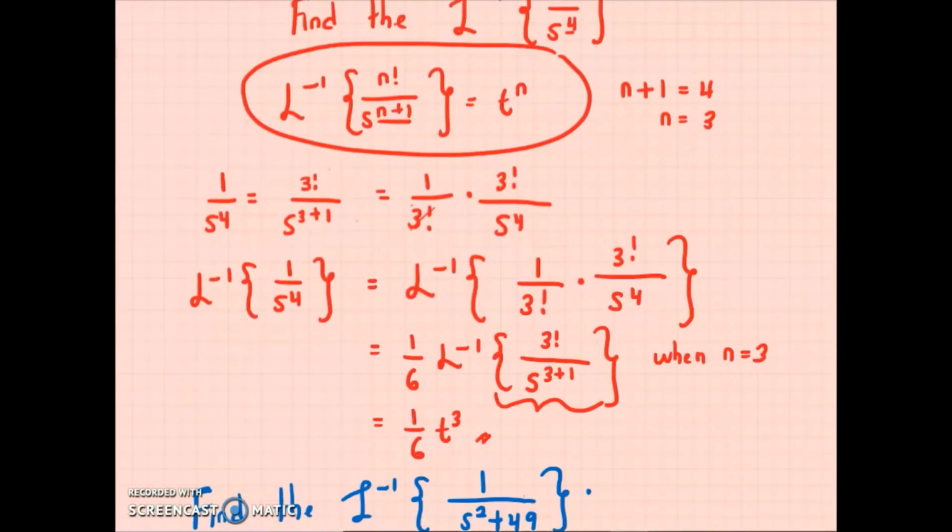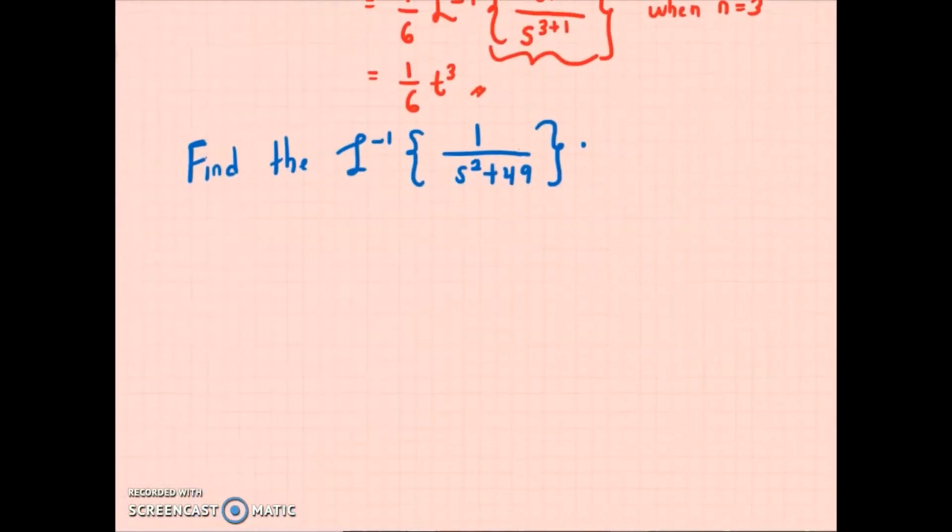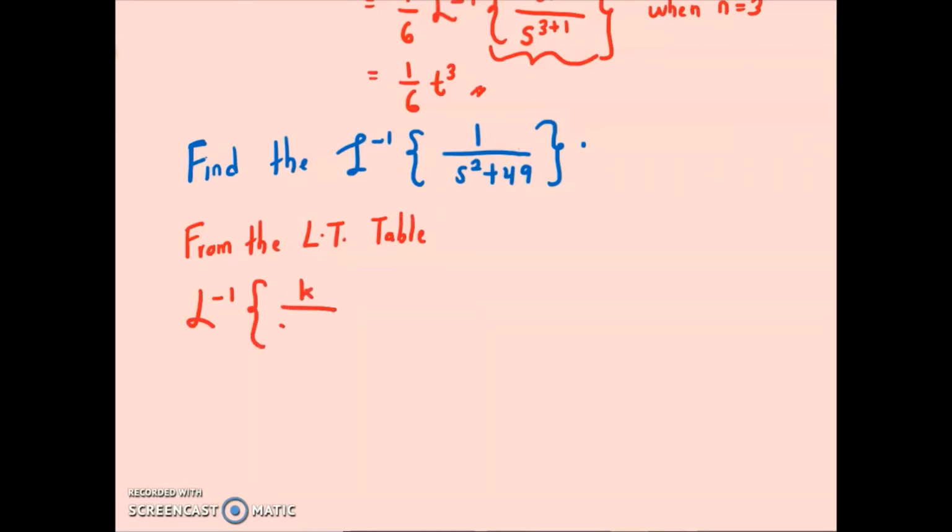So let's write down what we have here. From the Laplace transform table, we know that the inverse transform of k over s squared plus k squared is given by sine kt.